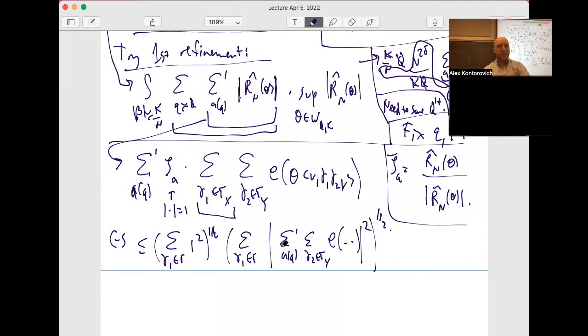This is the only place where I'm going to get cancellation. Because I squared, every time you apply Cauchy-Schwarz, you double how much you have to save. So now I have to save not Q to the 1, but I need to save Q squared. That's already trouble. The length of this sum is Q, the original sum.